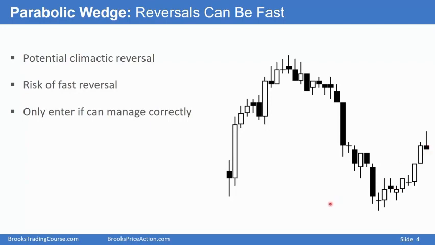Most traders should be very cautious and hesitant about taking these trades, and only take them if you can manage them well. For example, if you're selling below this bar or better below this bar, you want to make sure that you can rely on a stop up here, and you can sit through attempts at trend resumption here and here.